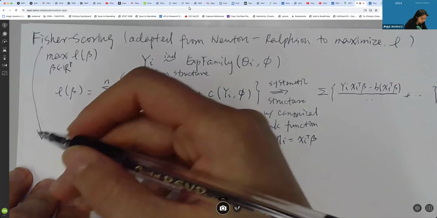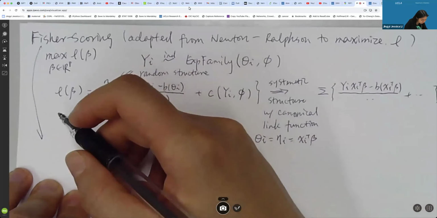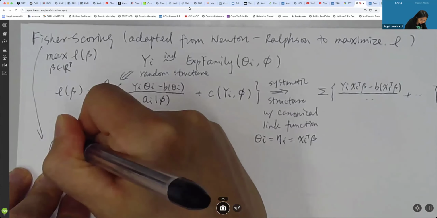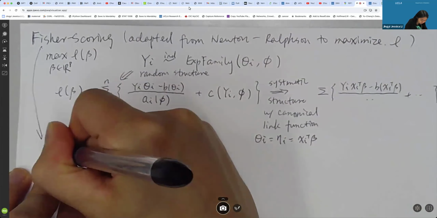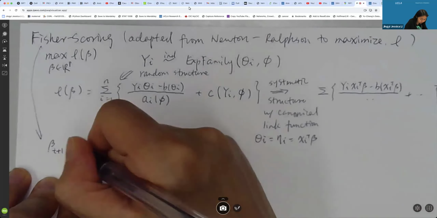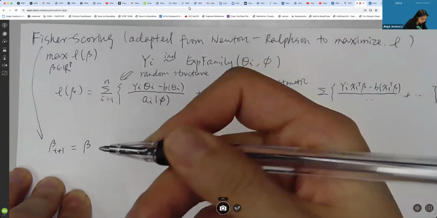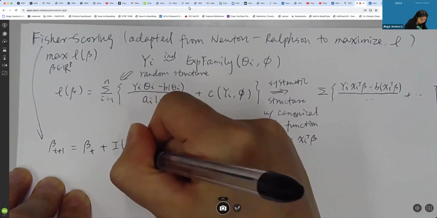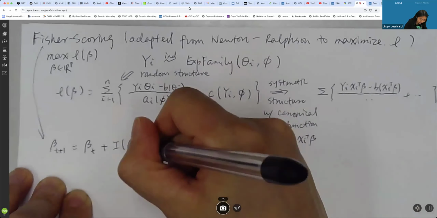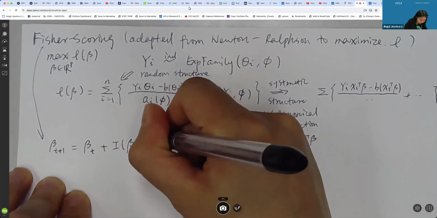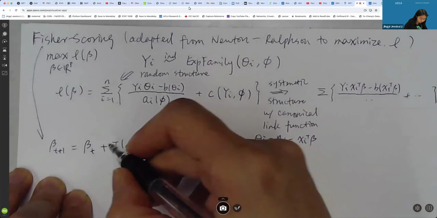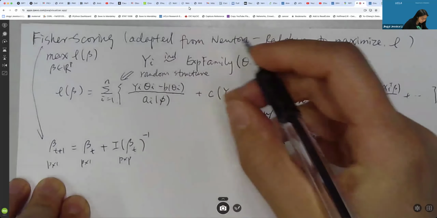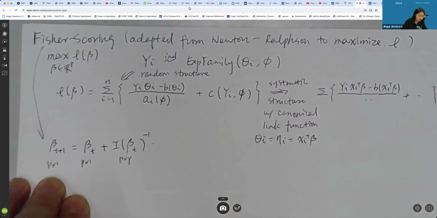So in the parameter update, we basically have beta t+1 will be updated as, in the t iteration, beta t, the current value, plus the inverse of the Fisher information, which is a matrix at the current value. So this is p by p, this is p by 1, this is p by 1, times the scoring function at beta t.